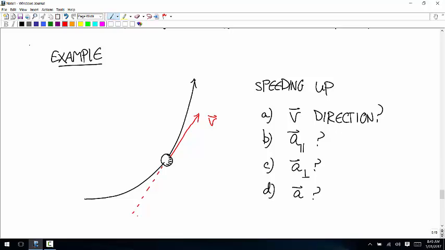This object's speeding up. So is the parallel part of the acceleration in the same or opposite direction? Same. So there's the parallel part of the acceleration.